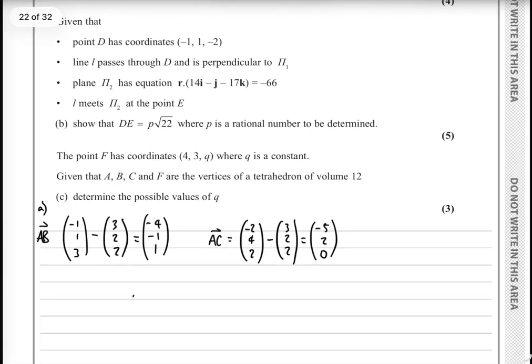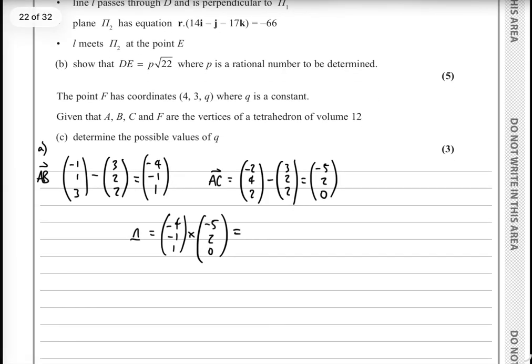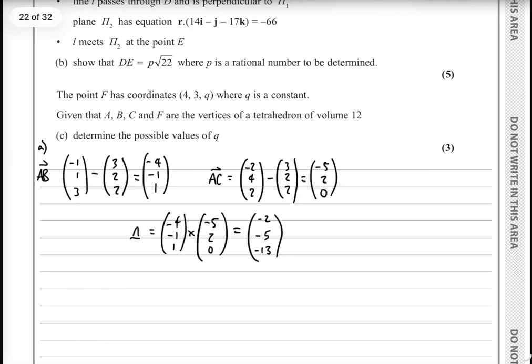And then to get the normal of the plane, we cross those 2. And that will give me on the top row 0, minus 2. In the middle, minus 5, minus 0. And on the bottom, minus 8, minus 5, minus 13.